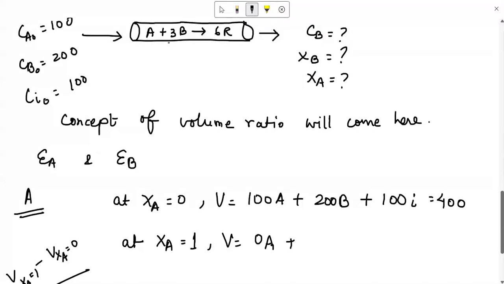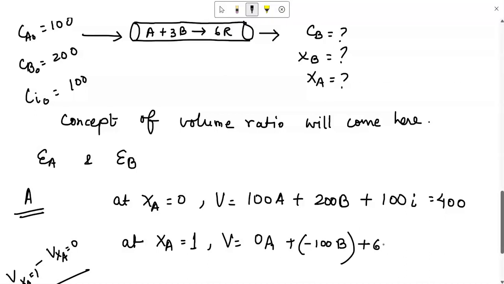For 100 A, you need 300 B and you only have 200 B in the system. So you need another minus 100 B over here, showing that for every 100 A there is a consumption of 300 B, obeying the stoichiometry.